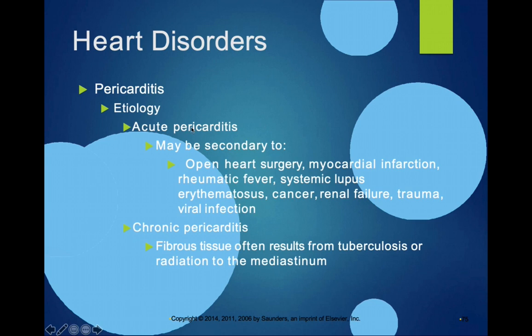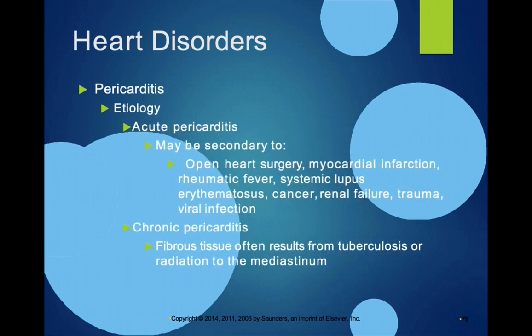Acute pericarditis may be secondary to open heart surgery and MI, rheumatic fever, lupus, cancer, trauma, or viral infections. With chronic pericarditis, the fibrous tissue is usually a result of TB or radiation to the mediastinum.